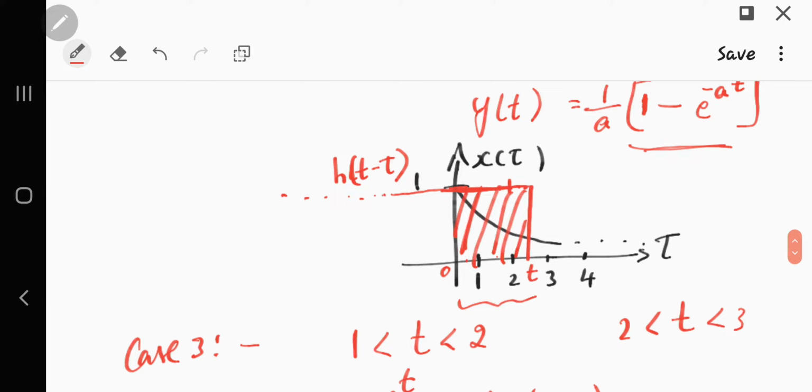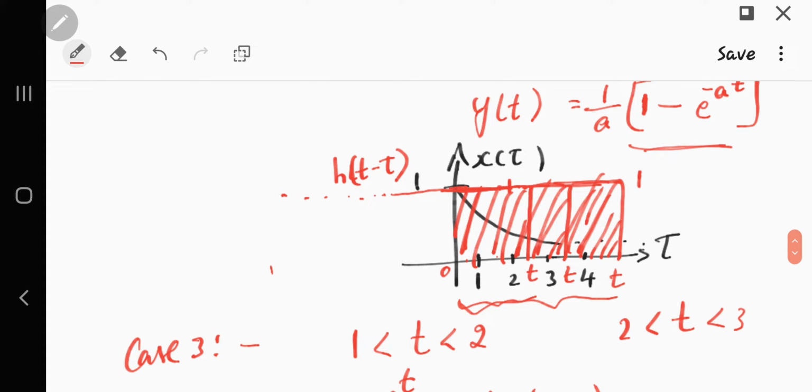And this signal is varying from minus infinity to t, and this signal is varying from 0 to tau with respect to tau. So for any number of steps, if you go further, you can keep t here, or here, or here. So this will have the same amplitude. For all these cases, you will get the overlapped region as 0 to t only.